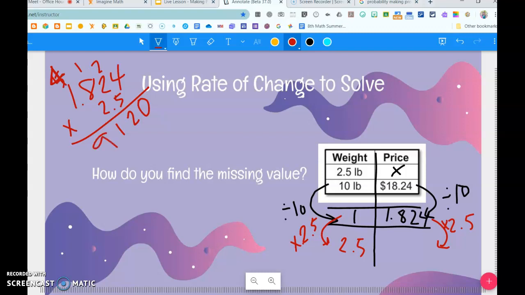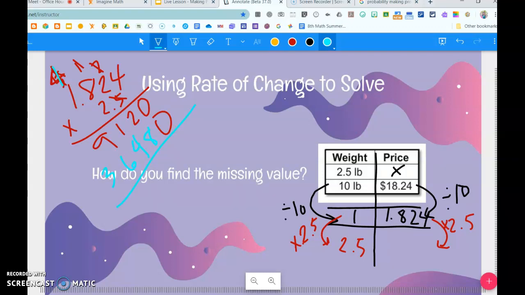There we go. And then I'm going to solve it again with the 2. So 2 times 4 is 8, 2 times 2 is 4, 2 times 8 is 16, carry the 1, 2 times 1 is 2, plus 1 is 3.